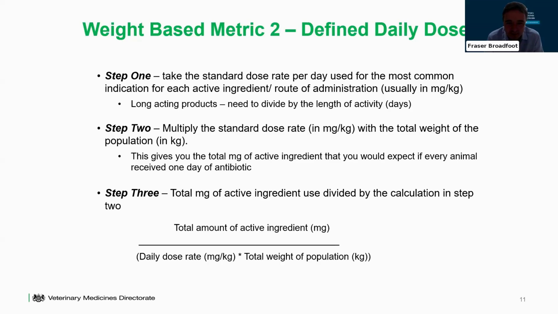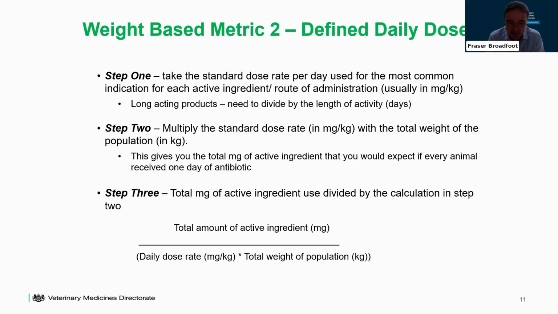And then the final step, to get you the overall figure, is you take the total amount of milligrams for each product, which we've talked about how you calculate before, and you divide that by the calculation in step 2. And what you end up with is the average number of days that each animal received an antibiotic.